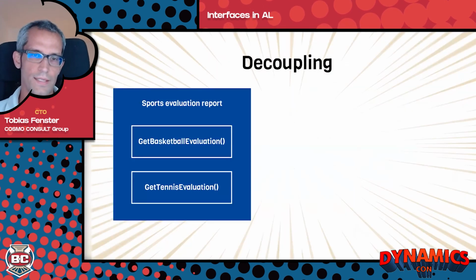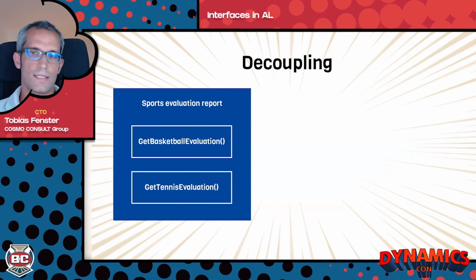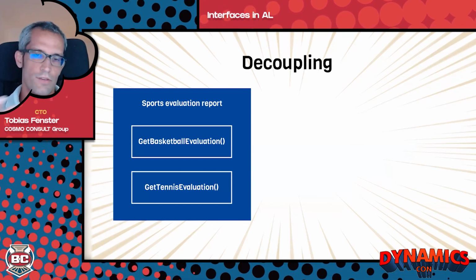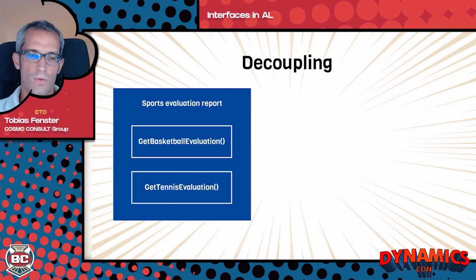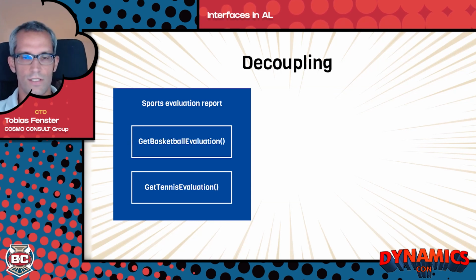So what I mean by that, when we're talking about decoupling, is to give you an example, something that looks like this. If you imagine we have a report that talks about sports evaluation. So basically, we want to have an evaluation of the different sports. So we could have a report that has a get basketball evaluation code function, and it has a get tennis evaluation function.